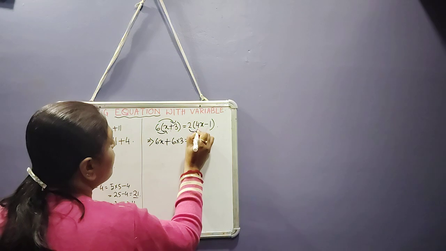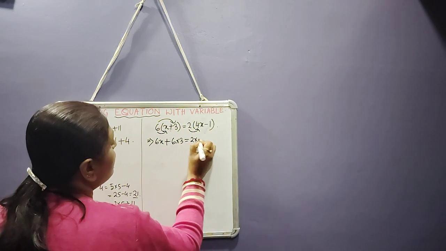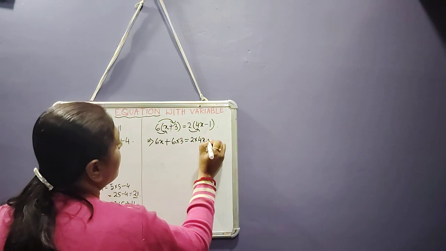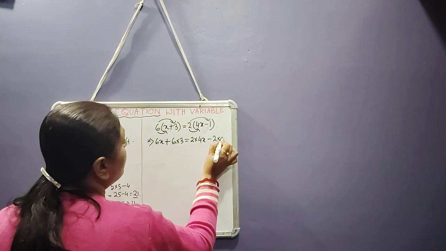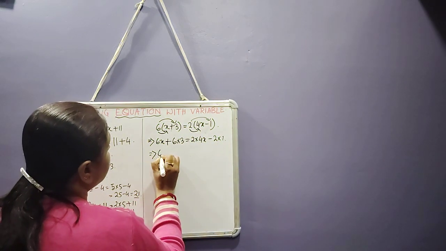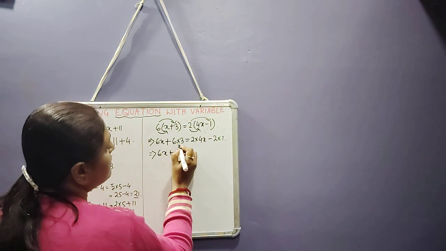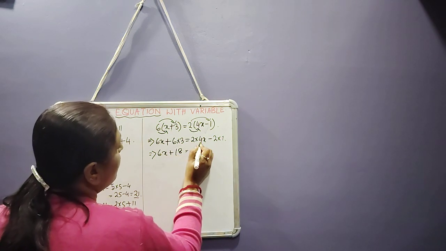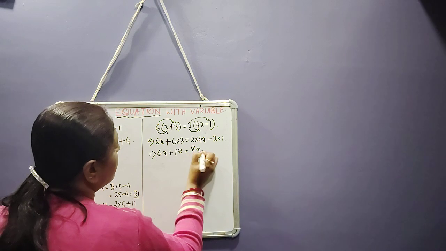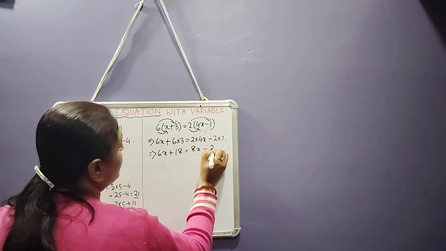Here also the same, 2 into 4x minus 2 into 1. Now 6x plus 3 sixes are 18. Here 4 twos are 8x minus 2.